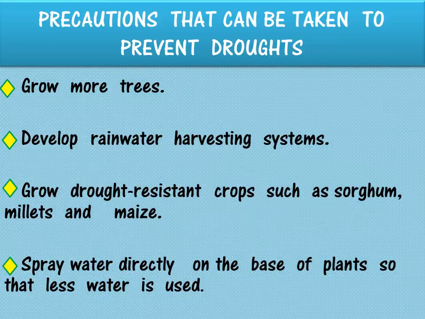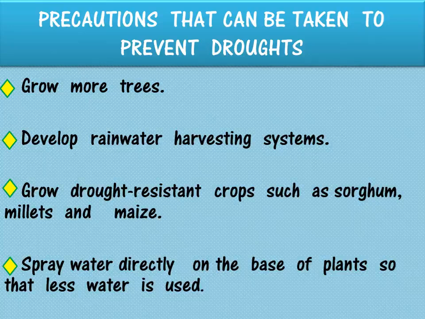Why? Because there is very little rain or very few water resources there. So to prevent droughts in such areas, what do we have to do, children? We have to grow more trees, develop rainwater harvesting systems, and teach people how to conserve rainwater.